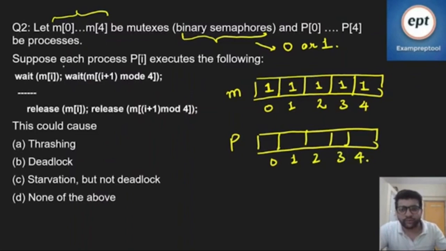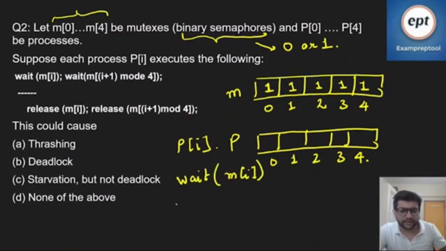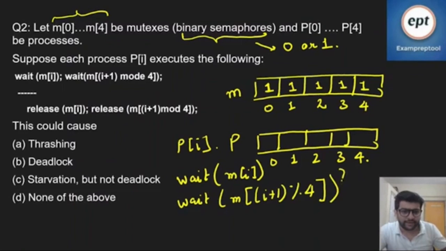So suppose each process Pi executes the following code. We have been given the code for every process, which is: wait for the mutex Mi, wait for the mutex M(i+1) mod 4, and this is the entry section.